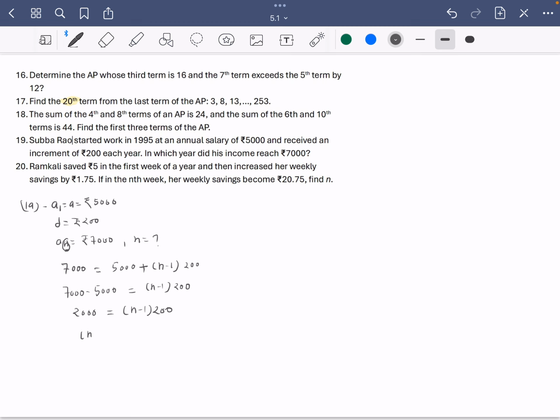I will divide by 200 on both the sides, so it's going to be 10, and n is going to be 11. So in the 11th year his income will become 7,000 rupees.